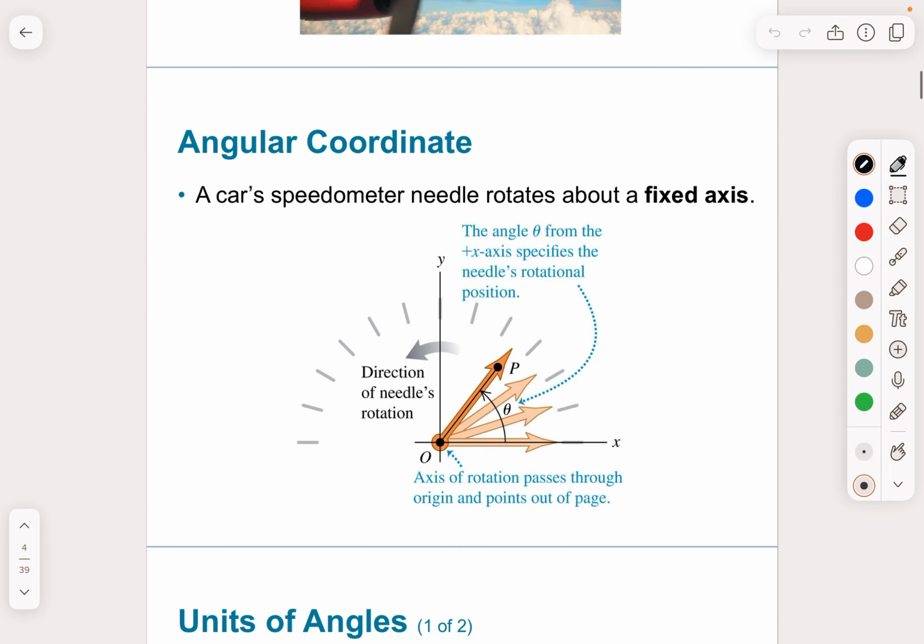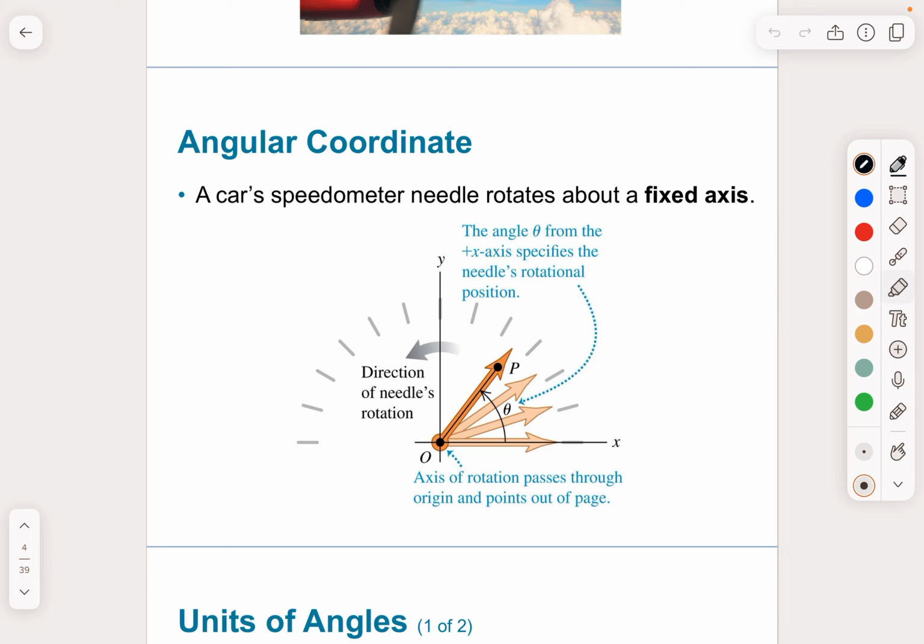So we need to define the motion of these rotating objects. The first thing we're going to do is, well, what about the coordinate system? Where is the location of this rotating object? We're not going to use X, Y because X, Y is kind of like a linear type of arena, right?